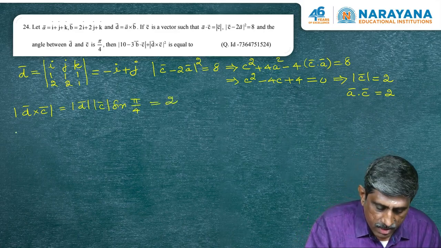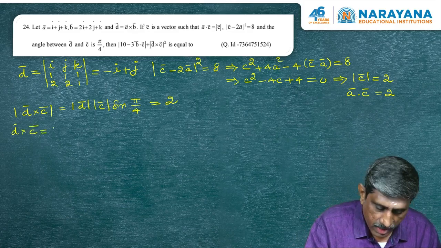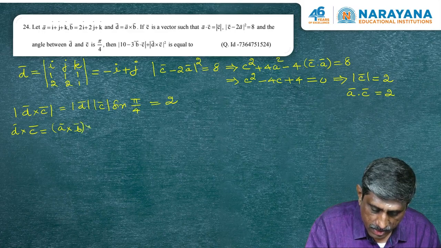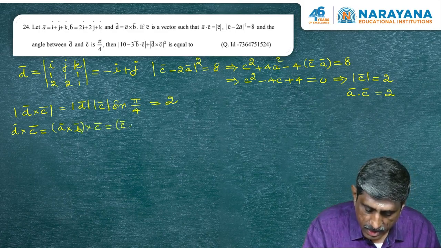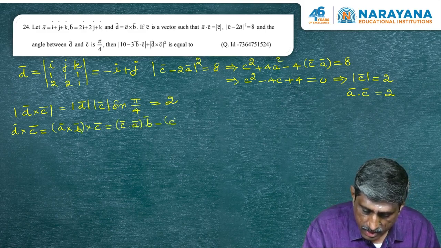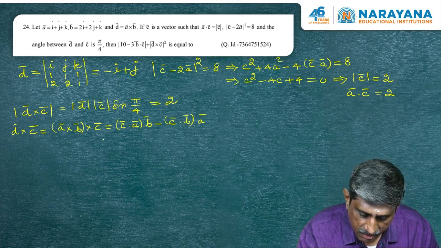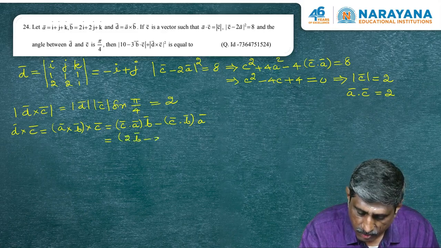Let us calculate what is D cross C. D cross C is A cross B cross C, which is clearly C dot A into B bar minus C dot B into A bar. So, C dot A we have the value, that is 2. So, it is 2 B bar minus this value we do not know, we call it x.